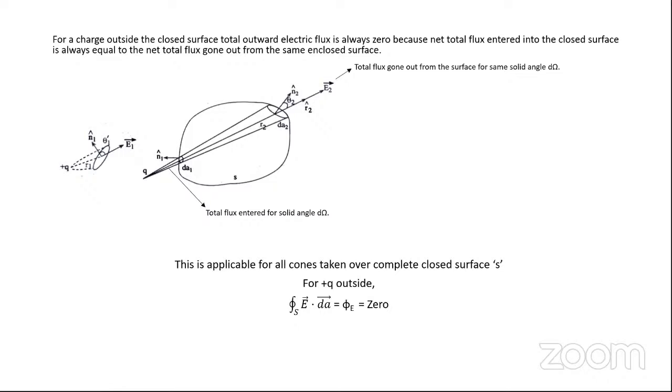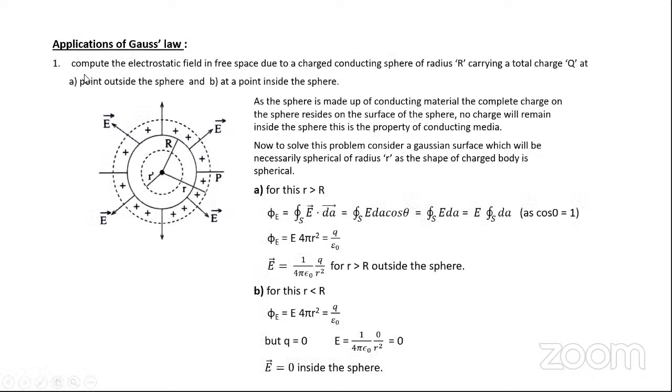The first problem, I will read it. Compute the electrostatic field in free space due to a charged conducting sphere of radius capital R carrying a total charge capital Q, at any point outside the sphere or at any point inside the sphere.